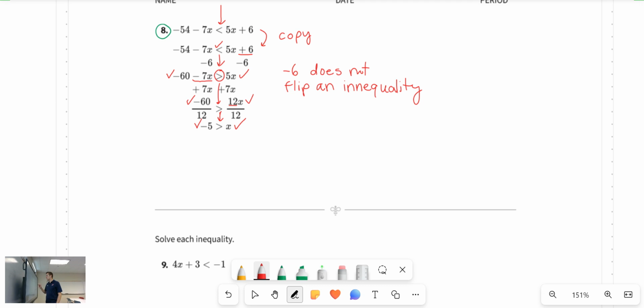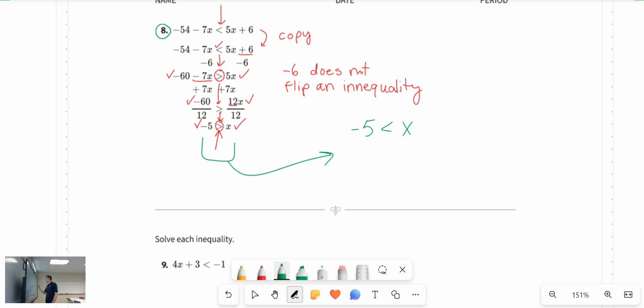So once we get down to the end, the only thing that's wrong is this inequality is facing the wrong way, right? That's the only thing. So to solve this the right way, we take all of their work, but move this portion over here and say negative 5, and we just have to flip the inequality back the right way.